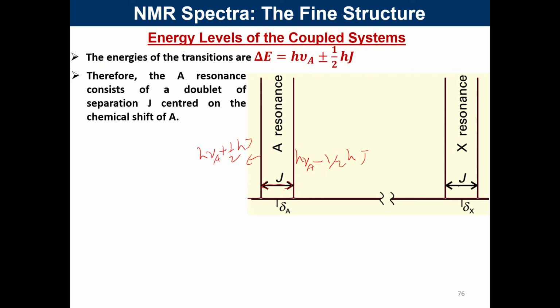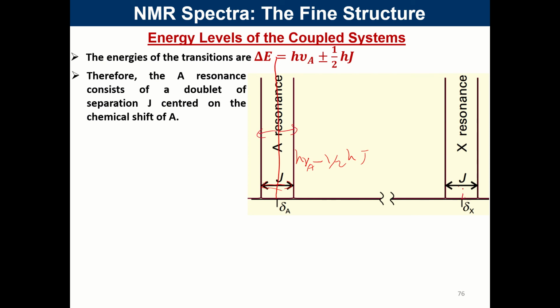So when we have two interacting nuclei A and X, due to spin coupling, we can have both split into doublets, each having the separation J at the two positions. At the given chemical shift value of A, which in isolated condition would be a single line, now it is split into this and this.